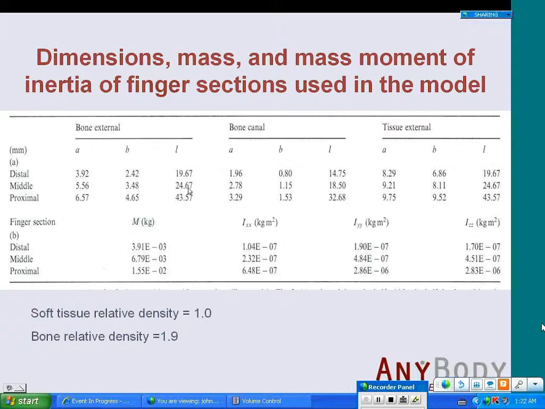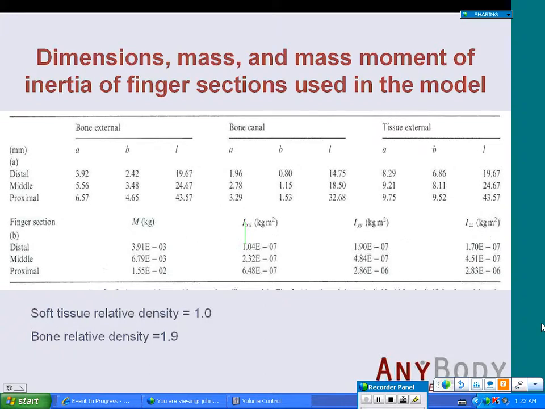The bone canal, this hollow part in the center of the bone, also has dimensions. All these data are obtained from the literature. The external tissue has also been measured. So using this data, we calculated the mass and the mass moment of inertia in all three directions.